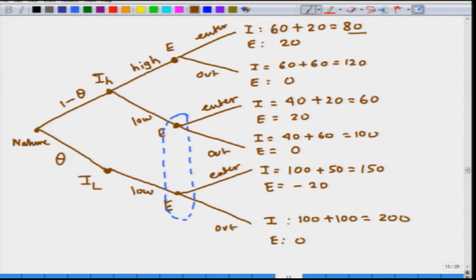On the other hand, if it chooses a low price, then the entrant believes that it is competing with a more efficient firm. So, I give up something in the first period, but I get a higher monopoly profit by keeping the entrant out. So, my profit is going to be 100, which is larger than the 80 that I would get. So, the incumbent has a strong incentive to pretend to be of a low type.